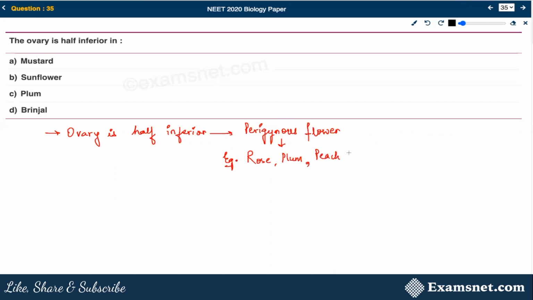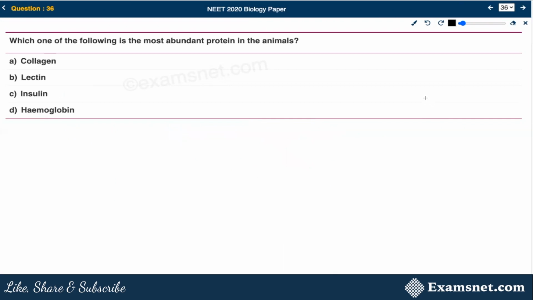So out of all the options, the answer comes out to be option C, which is plum. All right. Next. Question number 36 says which one of the following is the most abundant protein in the animals? All right.